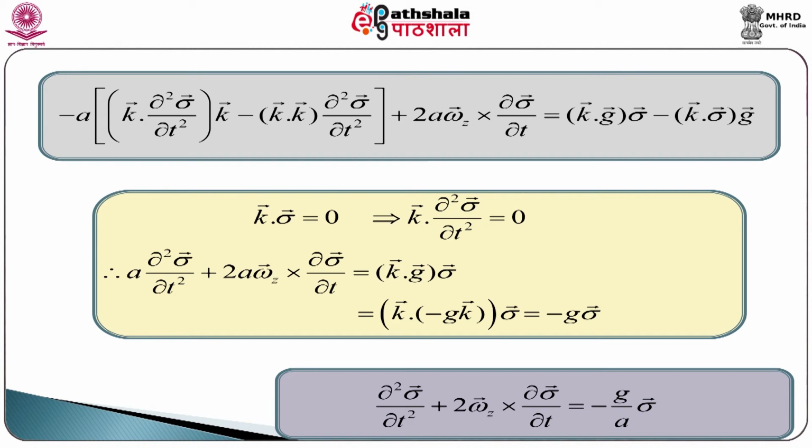Right hand side, k vector dot g vector can be written as minus g into k vector into sigma vector, which gives k dot k equal to 1. So, we have minus g into sigma vector. Thus, we have ∂²σ vector/∂t² plus 2 omega_z vector cross ∂/∂t of sigma vector equal to minus g divided by a into sigma vector.